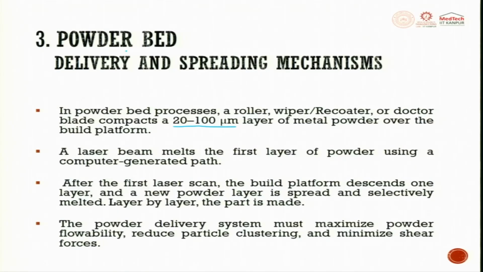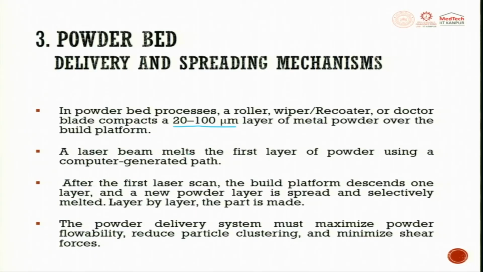Now we are moving into the next section where we talk about delivery and spreading mechanism. So in powder bed process, a roller, wiper slash recoater or a doctor blade compacts a layer of metal powder over the build region.